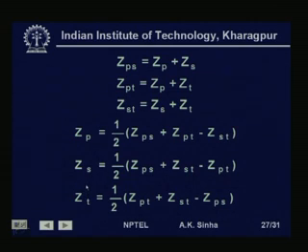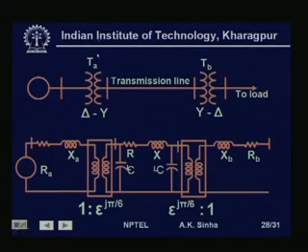So, with this we have now been able to model the single phase transformer, 3 phase transformers, and also 3 winding transformers. Now, in a system we have, say, a generator, a transformer, a transmission line, and another transformer, a step up transformer here and a step down transformer here, then the total circuit will look like this.